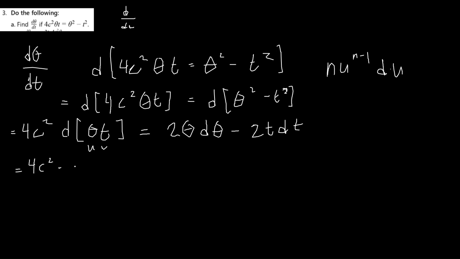So we can say that this is theta dt plus t d theta equals 2 theta d theta minus, oh, this is minus, okay, 2t dt.